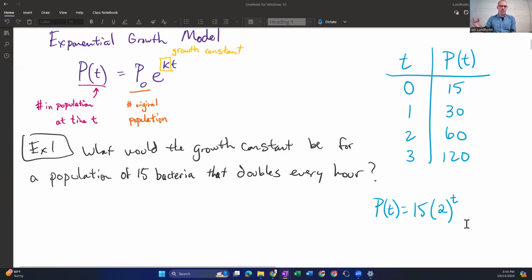This looks nice. How do we make it look like the exponential, e base over there? Well, we can use a natural log. Maybe I'll come over here and go p of t. Let's just keep writing this. So I'll copy that.